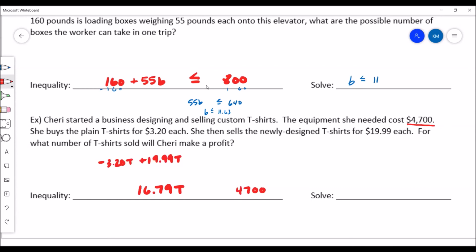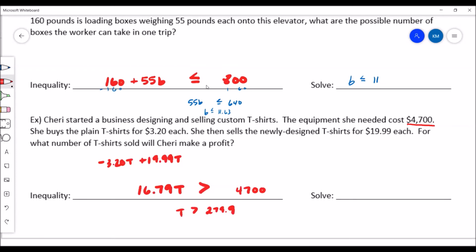Now, in order to make a profit, we need this side to be greater than that side, not equal to, because equal to would not be a profit. It would be breaking even, which they didn't ask us about. So as we solve this, we take 4,700 and divide it by 16.79. And we find that she needs 279.9. Okay, but she's not going to be able to sell 0.9 of a shirt.